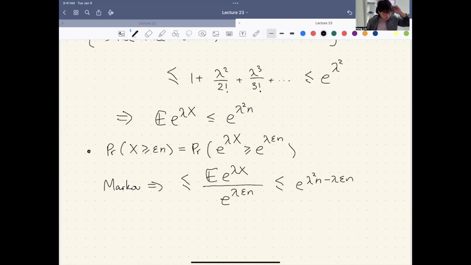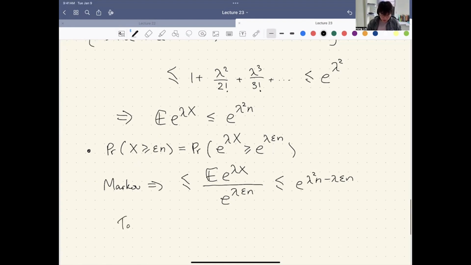Okay. Now you just choose optimal lambda. We can choose lambda. You can take the derivative, and we will see that take lambda to be epsilon over 2, we will get the desired result. This is at most e to the negative epsilon square n over 4. Any question?